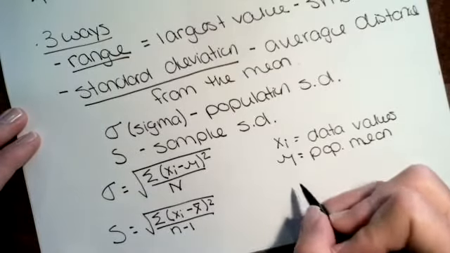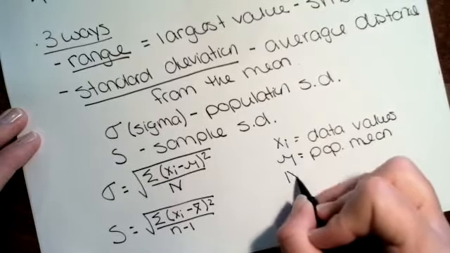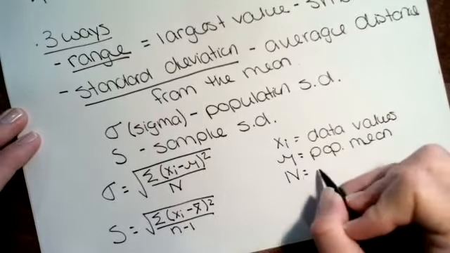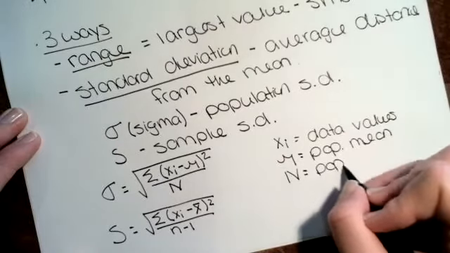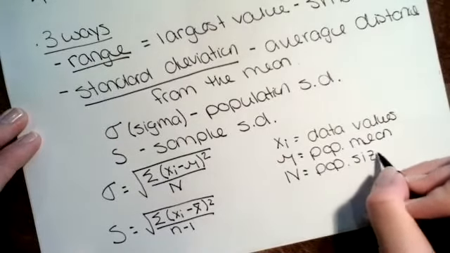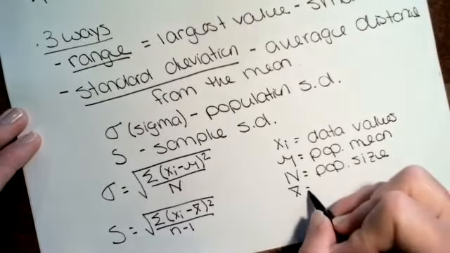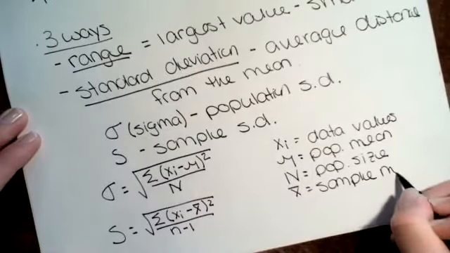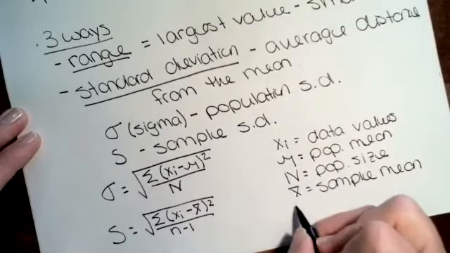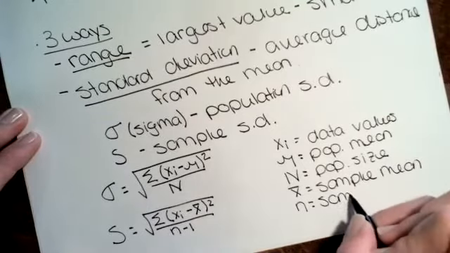So again, here, my Xi is the same. Let me just write N up here. I'll write it as population size. And then X bar, sample mean, and lowercase n is sample size.